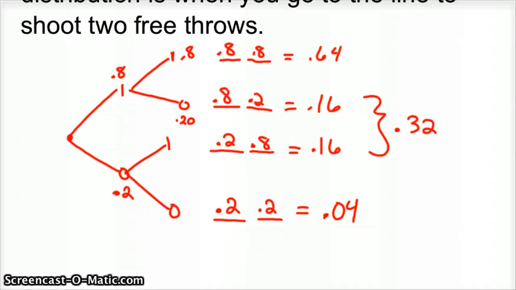And if you add those together, probability distributions always have to add up to 1, or 100% of the chances. So 0.64 plus 0.32 plus 0.04, that would be 64 plus 36, which would be 1. So we've got them all. So this is a probability distribution.